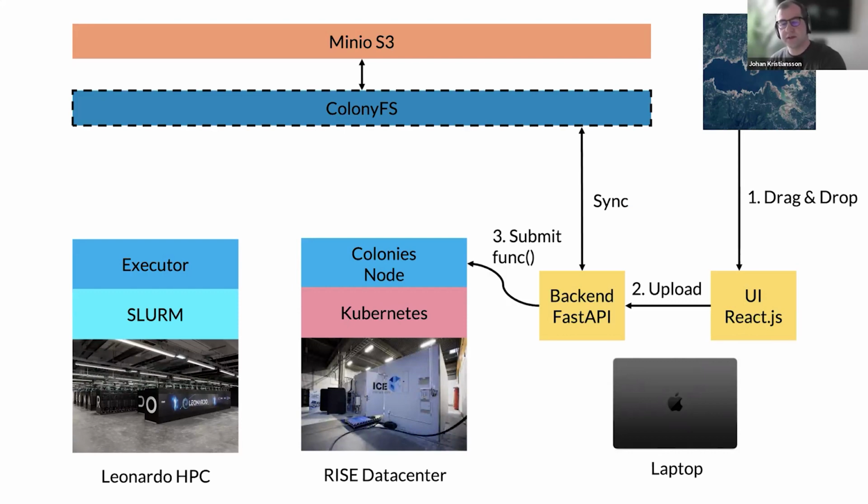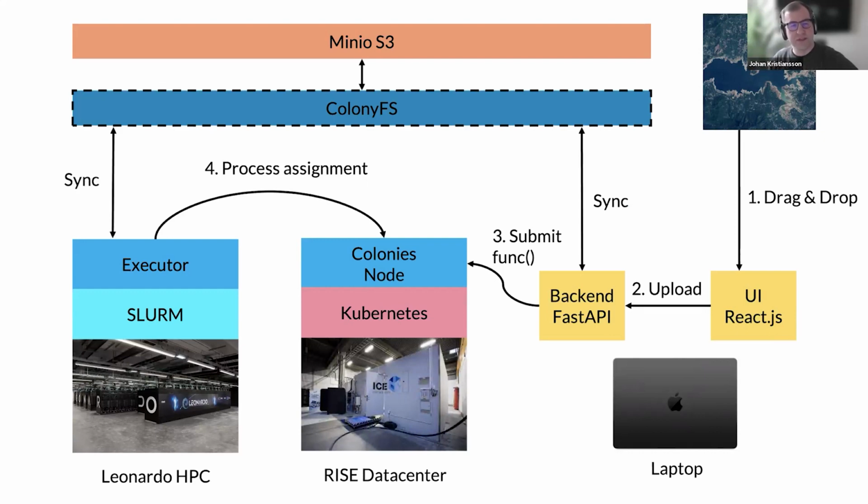Then a function will be submitted to a Colony node, and that will be assigned to an executor that will analyze this image, upload the result to ColonyOS, and then get this analyzed picture back to the user. I will demonstrate in just a few minutes how that could be used.